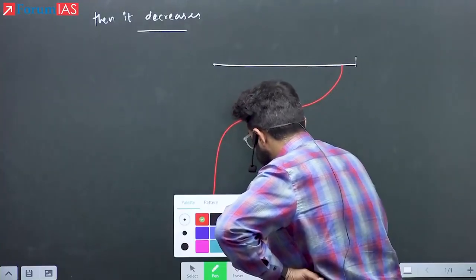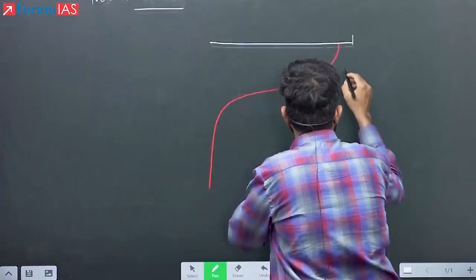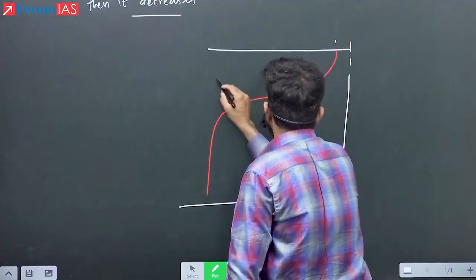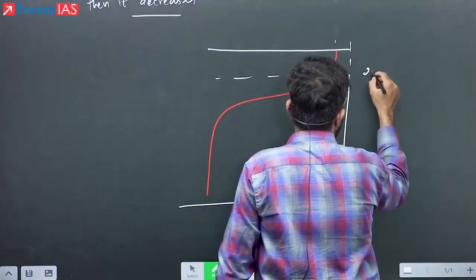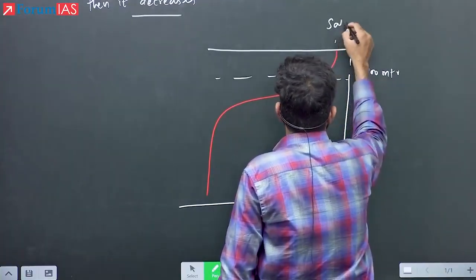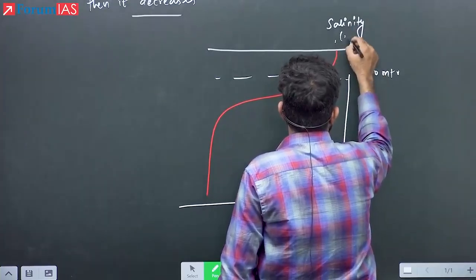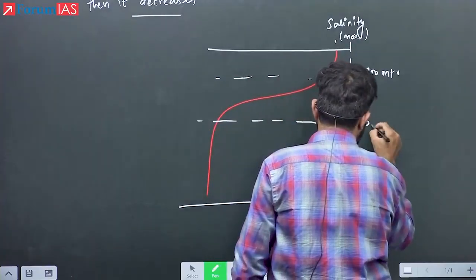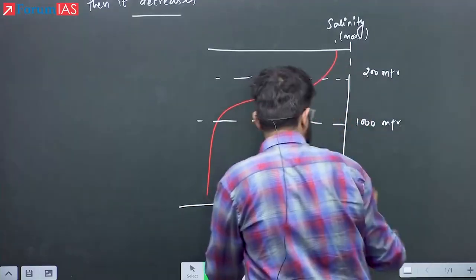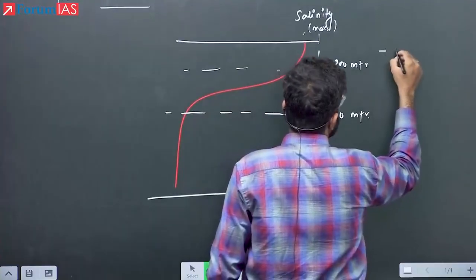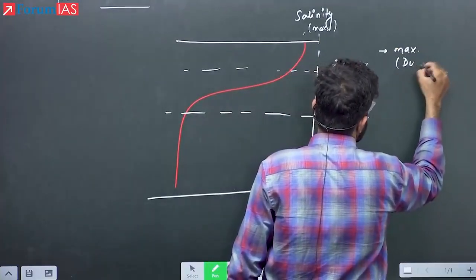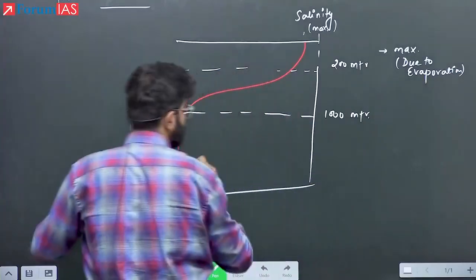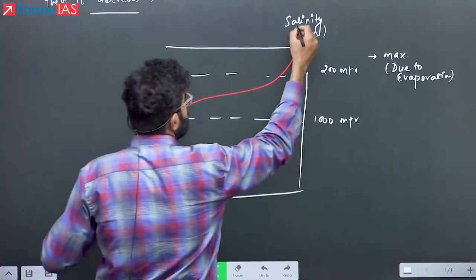Can I make the same diagram for salinity also? Somewhat around 35, 36 here.